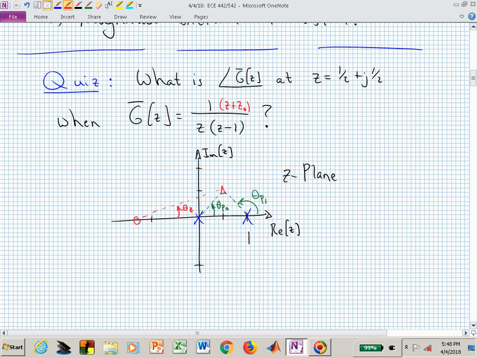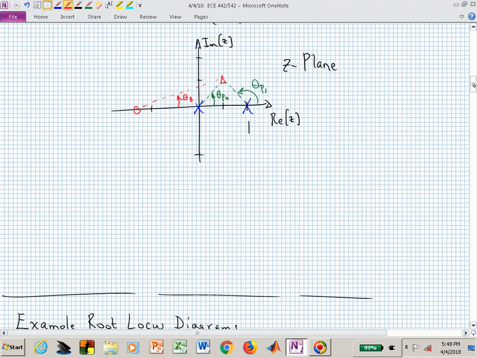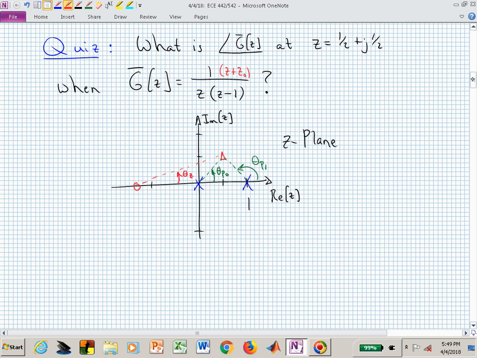And once we have those, if we wanted to compute the phase of that, we would have all of our zero angles, this theta of z in this case, minus all of the angles from our poles.